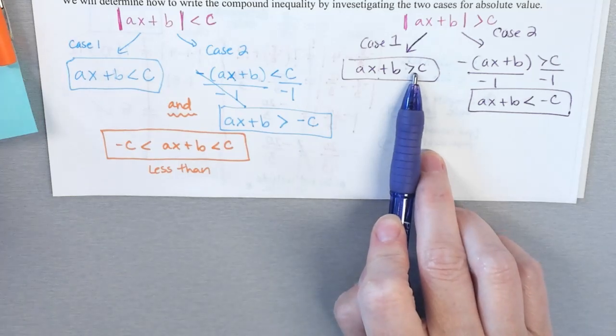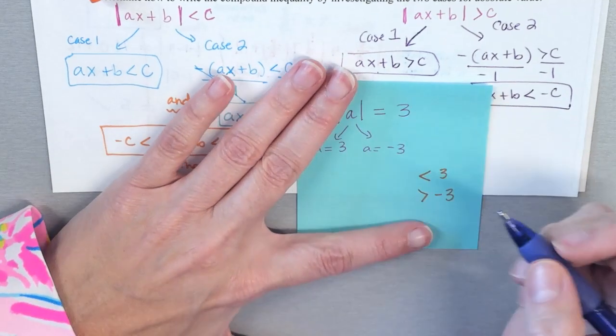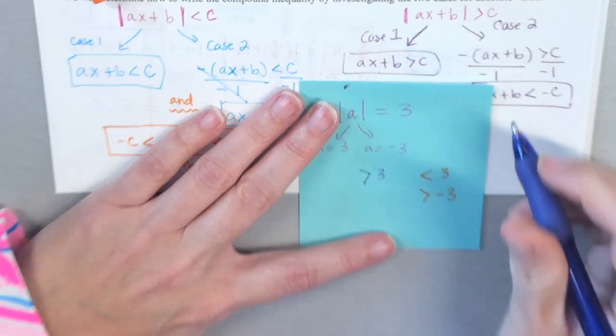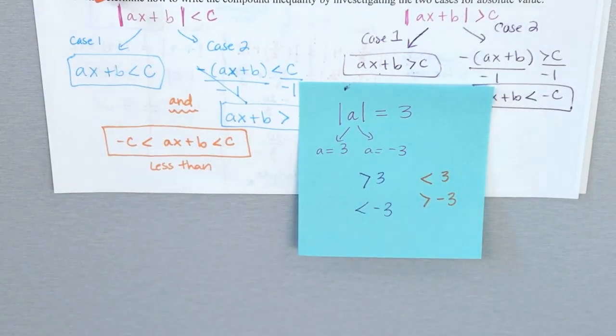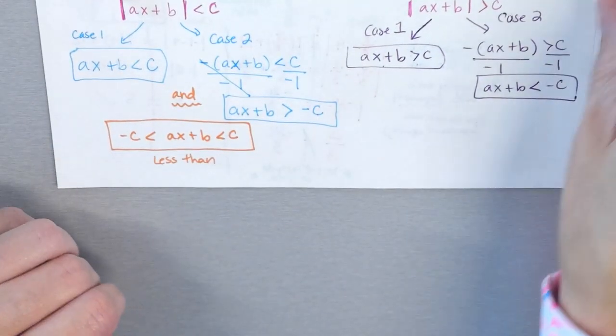I think it's helpful to think of it as a number. So can some value be greater than 3, but then also less than negative 3? Is there any number that is greater than 3, but also less than negative 3? No. So that cannot happen at the same time.